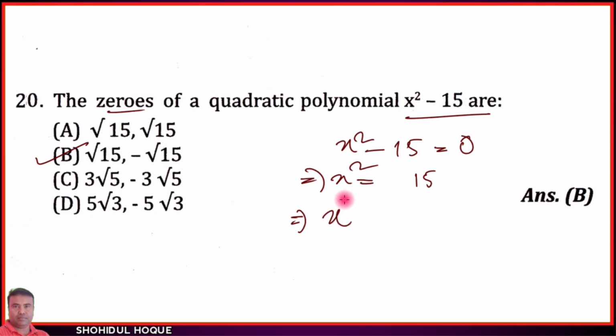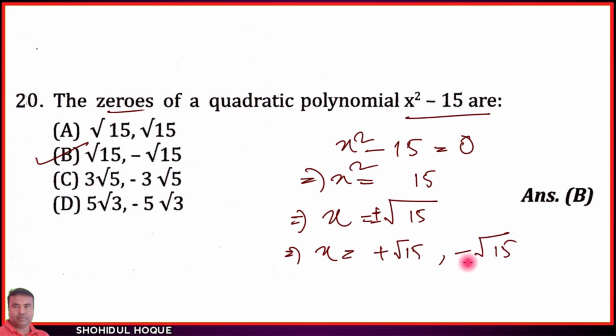When we remove this square, on the right hand side there will be a plus minus symbol, and 15 will go under the root. Now split this up: x equals one time plus under root 15, another time minus under root 15. Plus means no need to write. According to this, our option is positive under root 15 and negative under root 15.